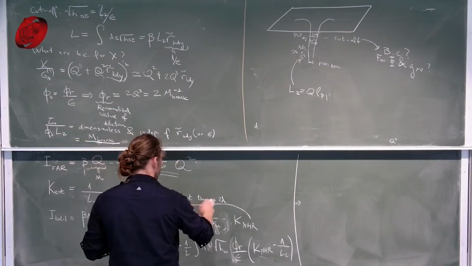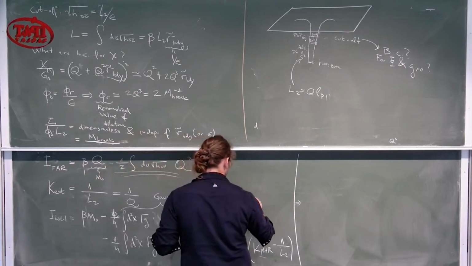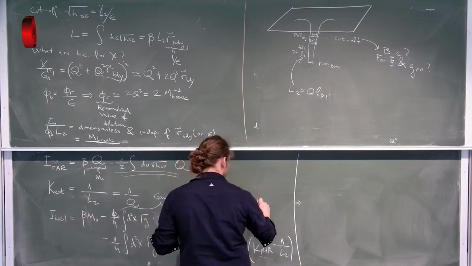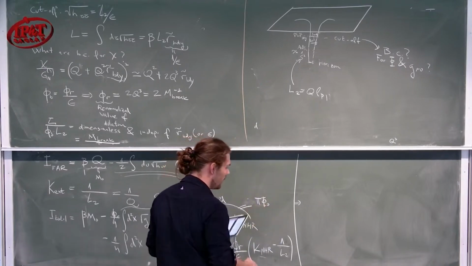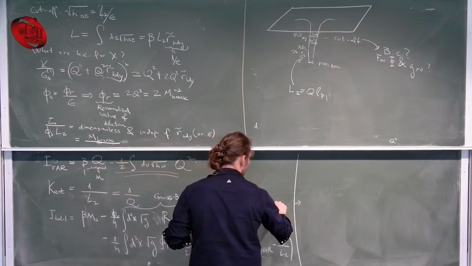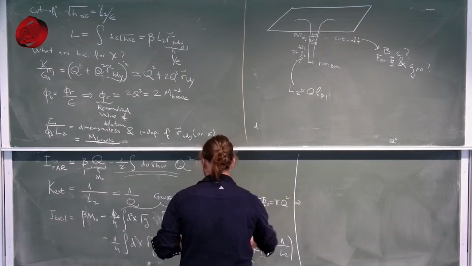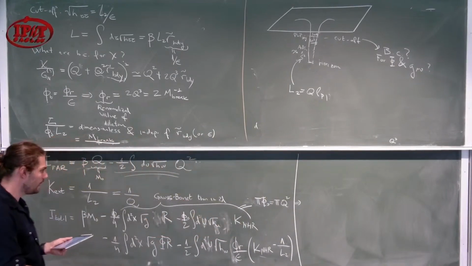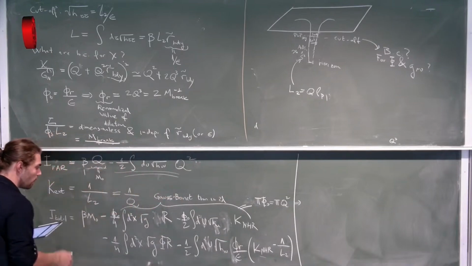So overall, this contribution precisely gives you 2 pi times phi naught over 2, pi times phi naught. Phi naught was the area of the extremal black hole at the horizon. So this was equal to pi q squared.